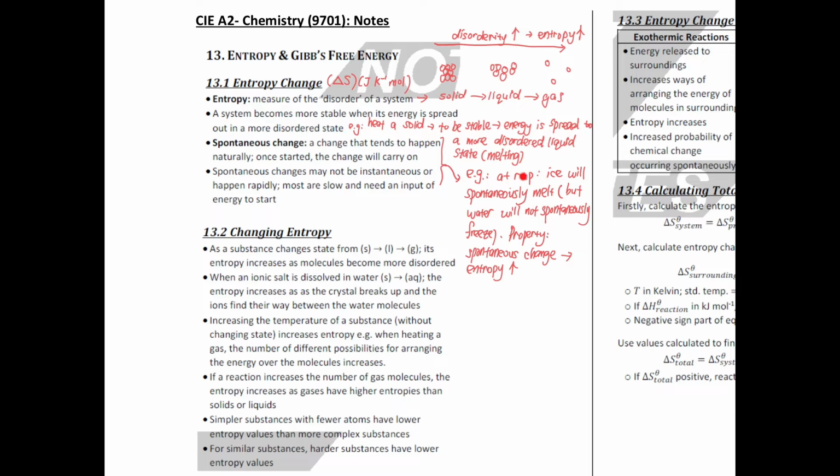If it's at room temperature and pressure, the ice just melts slowly. So most are slow and need an input of energy to start, that means activation energy. Natural process. Now 13.2, changing entropy. Let's see the information here.